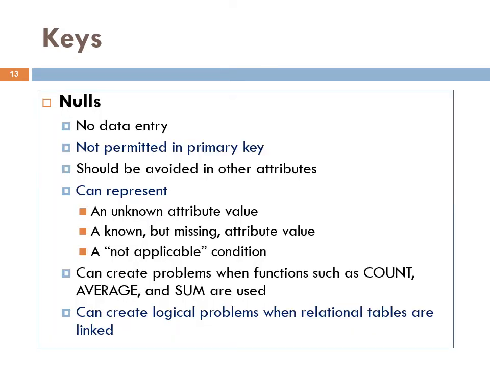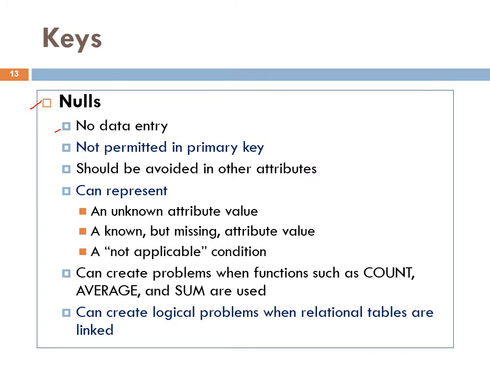Okay, next is the null. Basically, null values are problematic in the relational model. A null is the absence of any data value, and it is never allowed in any part of a primary key. Okay, primary key cannot be null.